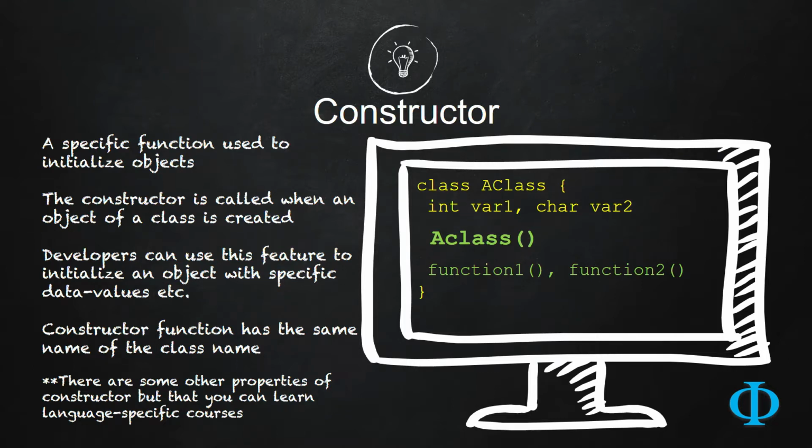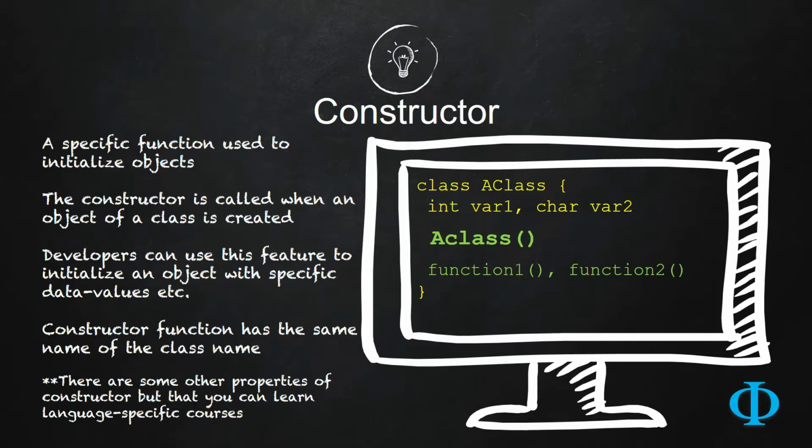What does that mean? That means by means of constructor function, you can exactly track down the time when the object is first created. And not only track down the time when it is created, but also you can do some of your intended work that you want to do during the creation of the object.